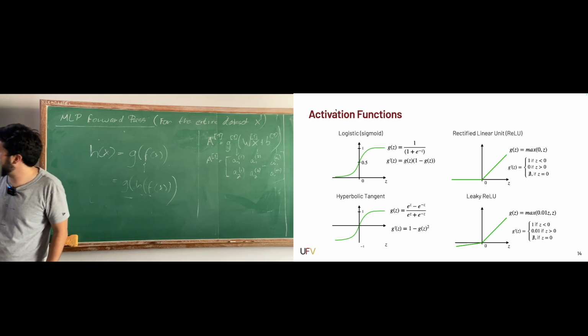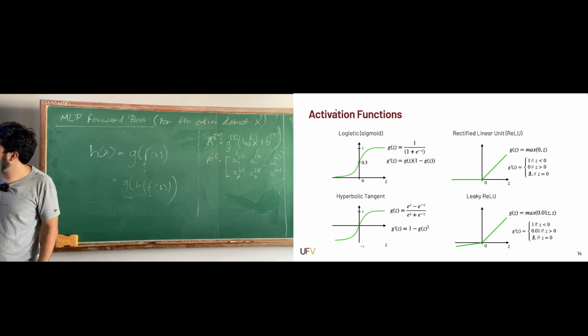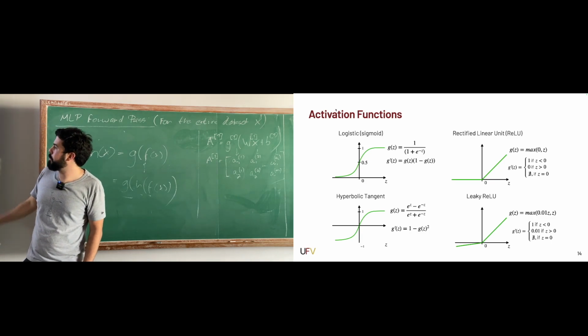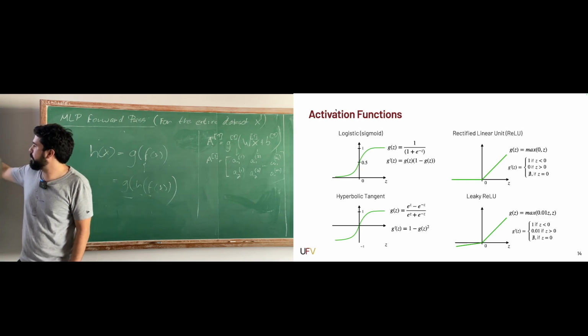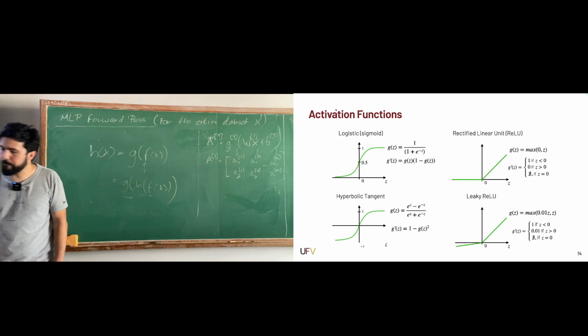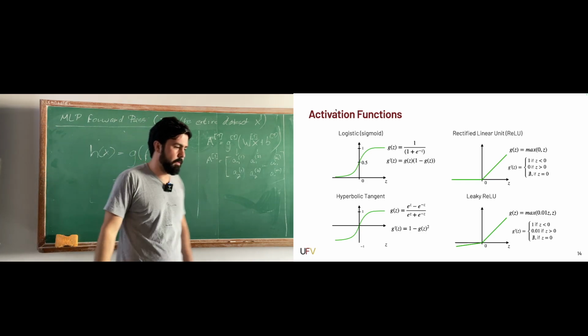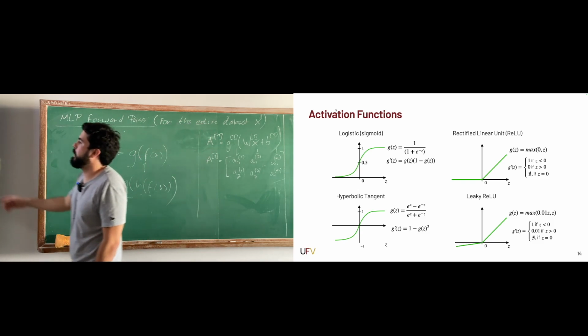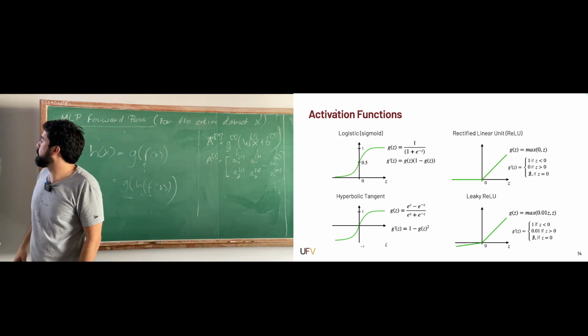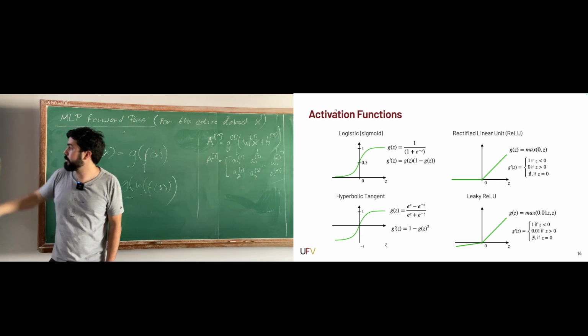So basically it is a linear function when z is negative, but with a very small slope. Okay? And it stays the same when z is positive. And here are the derivatives.